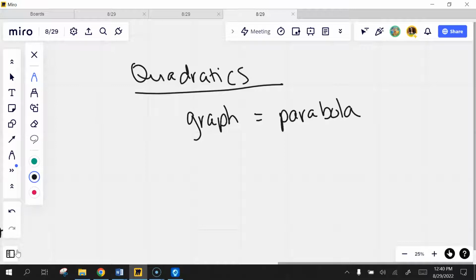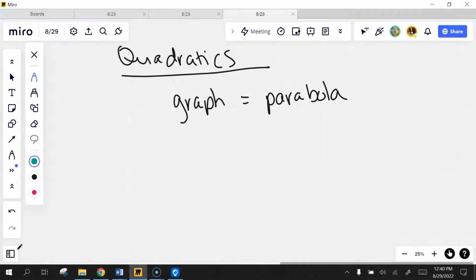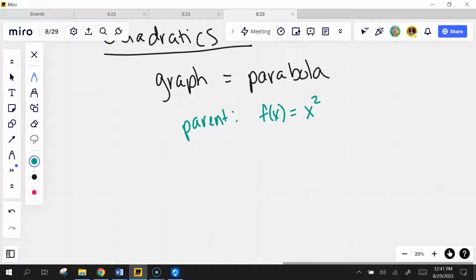Tell me some things about a parabola. Okay, close, Carter. It's even whenever the parent graph is even, yes. But okay, x squared. So the parent graph is x squared, and that is an even function. Tell me something specifically about a parabola.